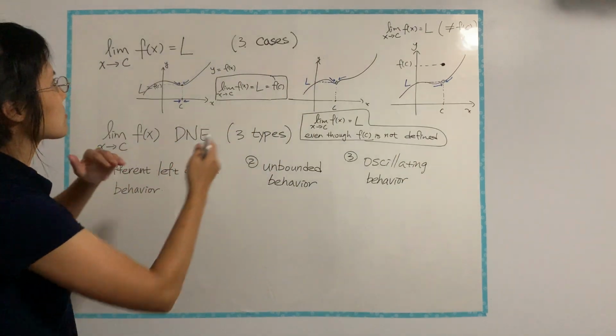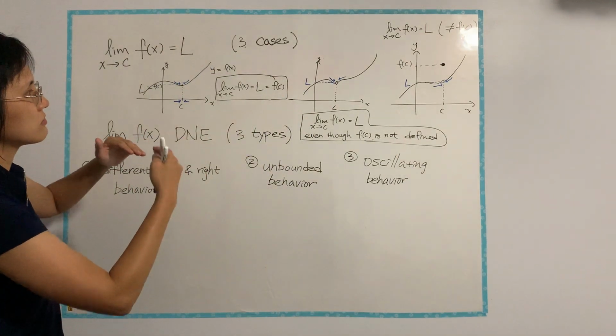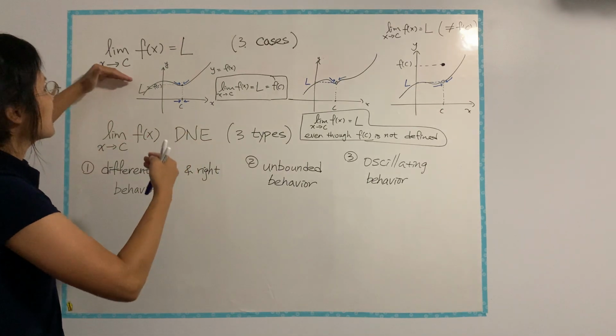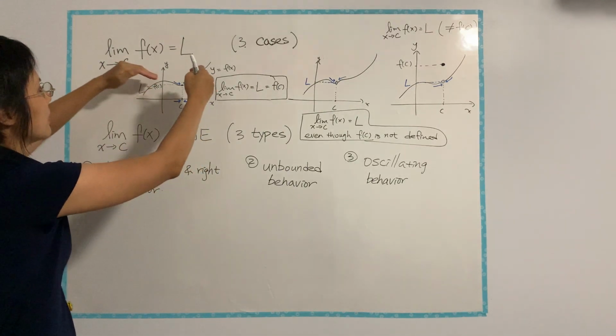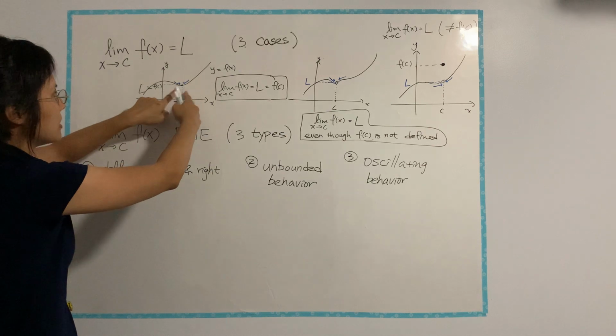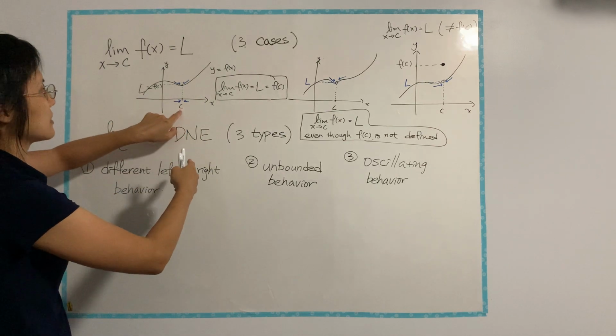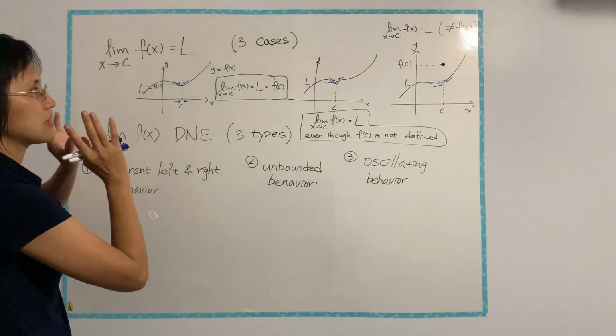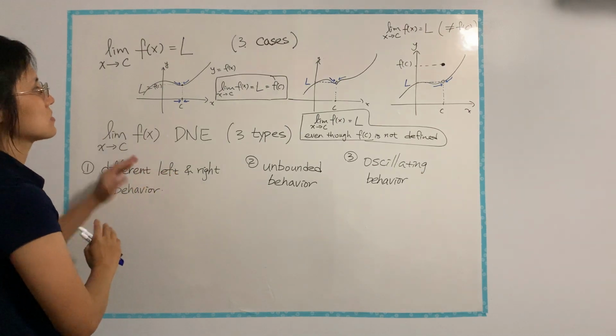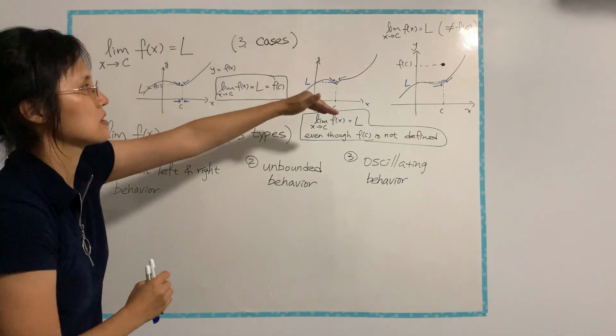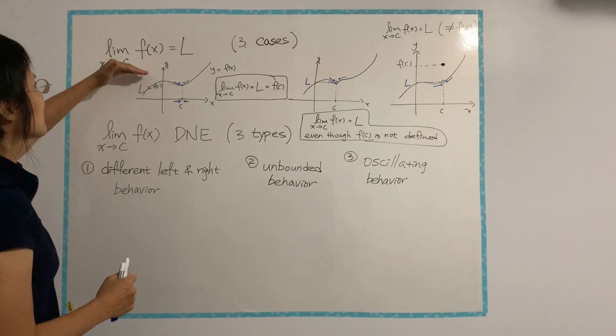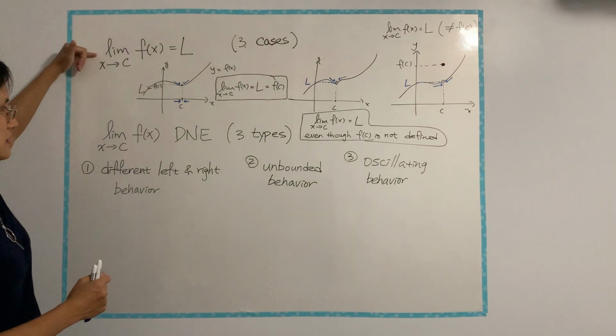Okay, so from these three cases, you should see that the limit is about the nearby behavior of the c, not what happens at c. Okay, so that's the three cases you're gonna see for the situation the limit exists.